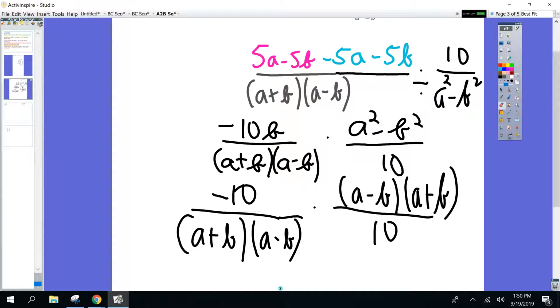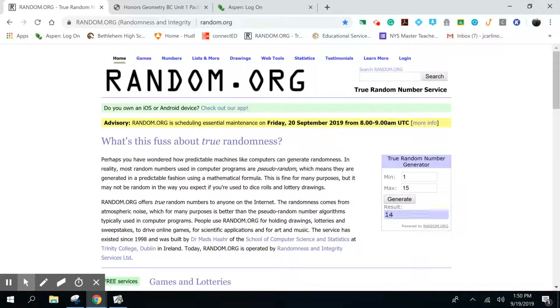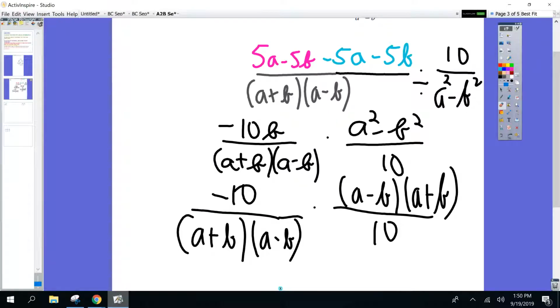And one last person here to cross out for me. 14. So you just cross off the A plus B. Yep.